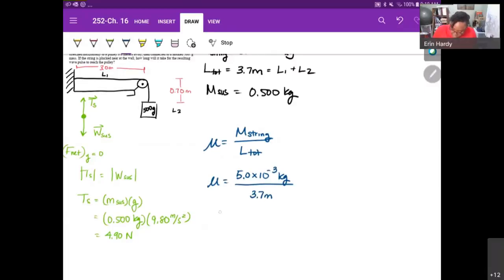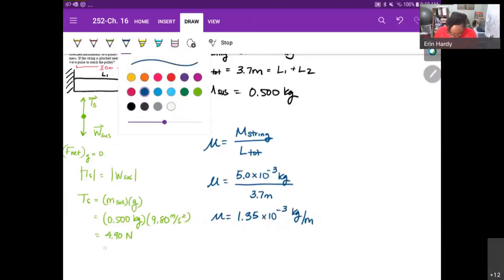We're going to end up with a linear density of approximately 1.35 times 10 to the negative 3 kilograms per meter. It's not going to break down any more nicely than that.